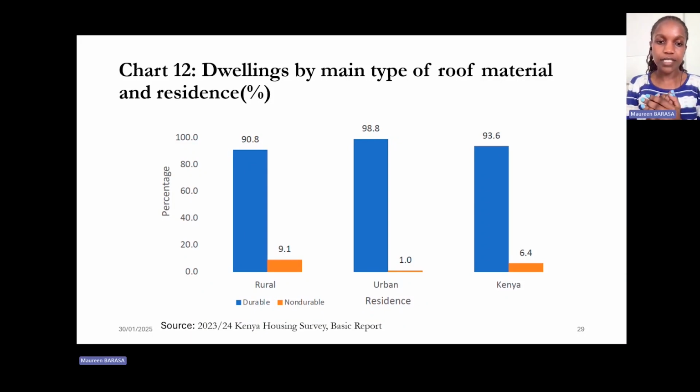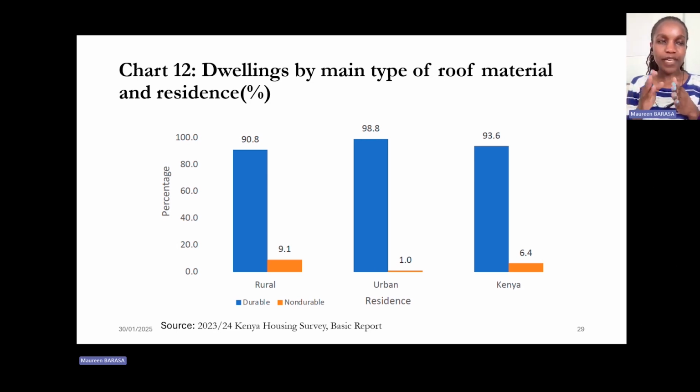Then we have the type of roof material. For the type of roof material, there's not a huge disparity across the three different residences, the rural, urban, and the national level. For the rural, it's at 90.8%. Urban, it's 98.8%, and for Kenya, it's 93.6%.